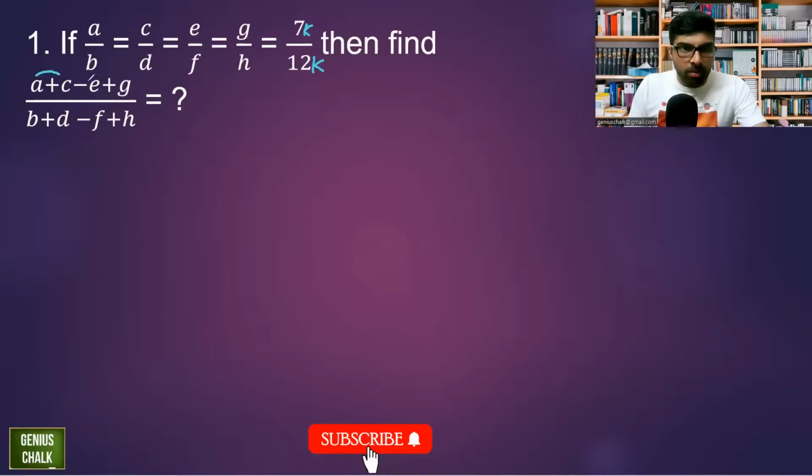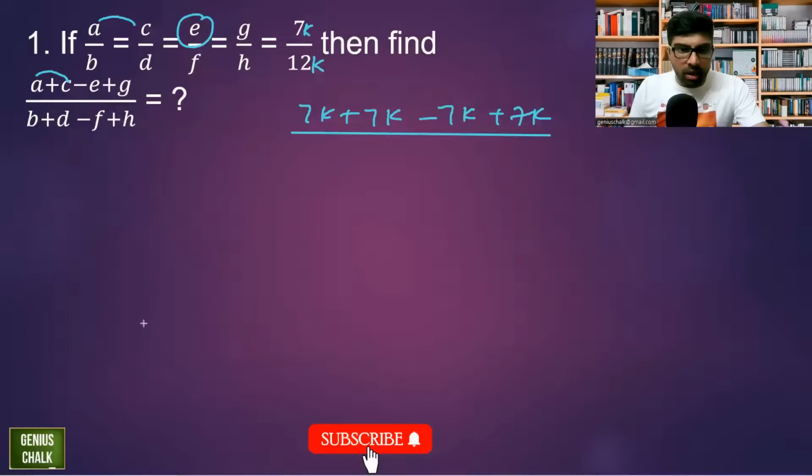Now if you add A plus C, that means A and C both are equal, right? So 7k plus 7k minus 7k plus 7k. This is what I'll be getting. And in the denominator, I can do the same operation: B plus D, 12k plus 12k minus 12k plus 12k.